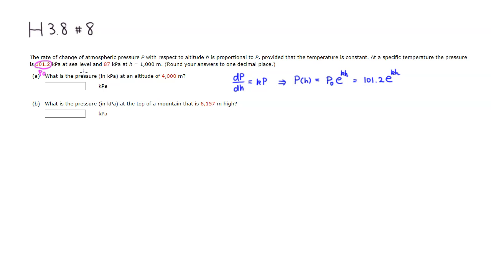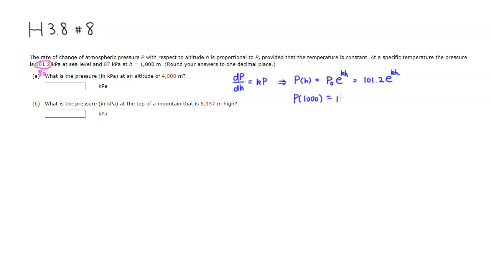Then it says that at sea level you have 108, and at h equals 1000, it becomes 87. So P of 1000 is going to give you 87.